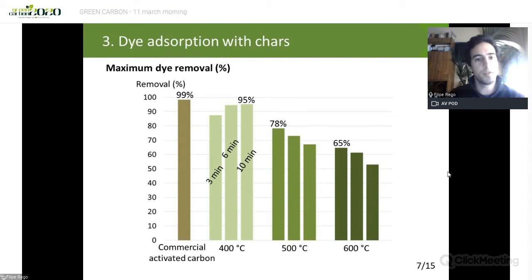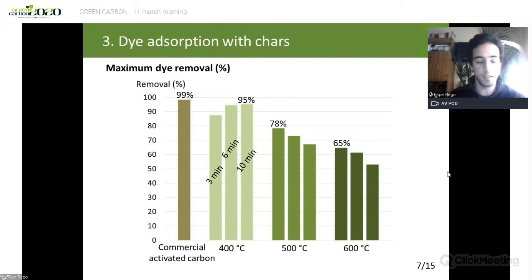I will show the maximum removal of the dye at equilibrium, just to simplify. And these are also preliminary, not very in-depth tests. So I'm going to show mainly the maximum dye removal. I compared the chars with also a commercial activated carbon, which was the control experiment.